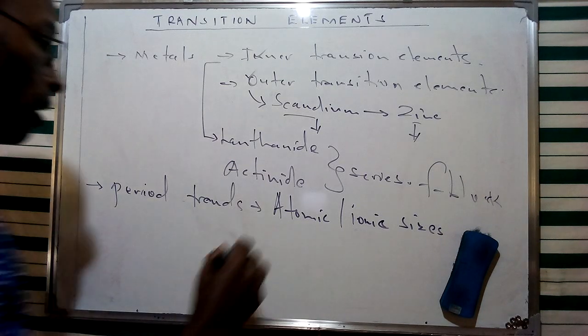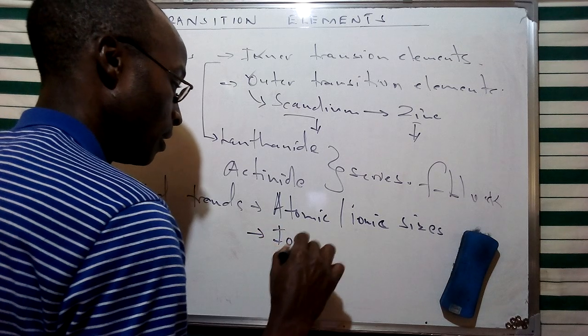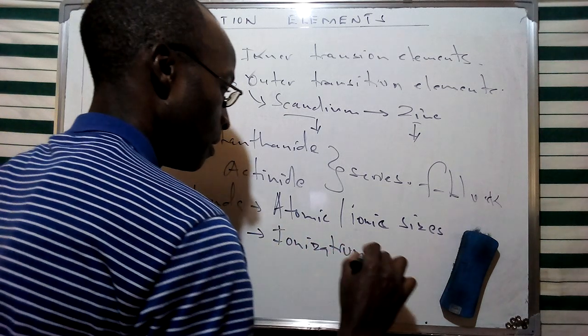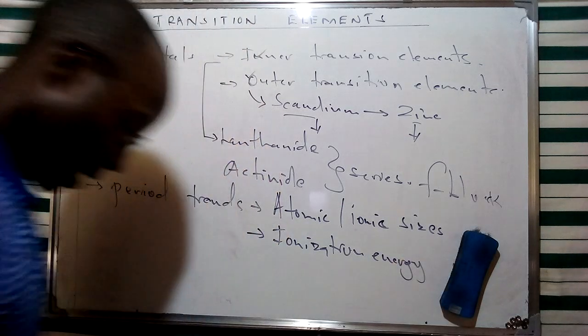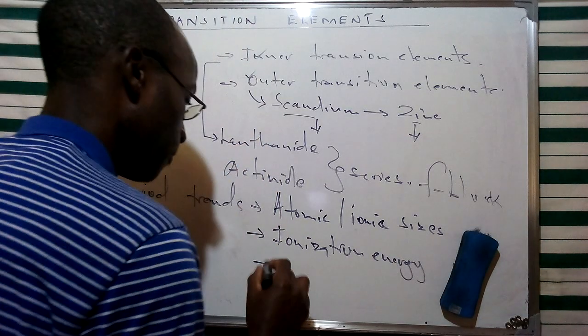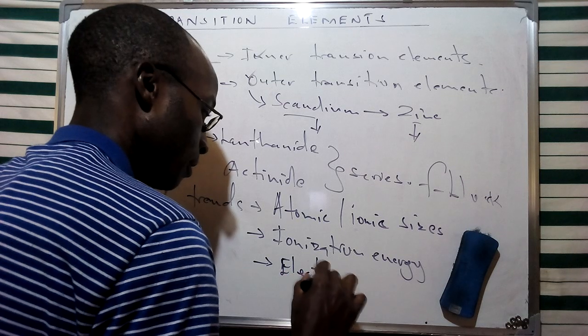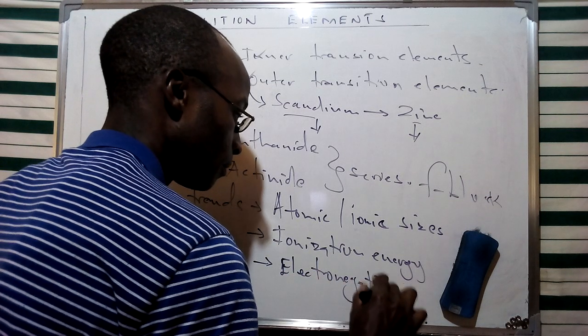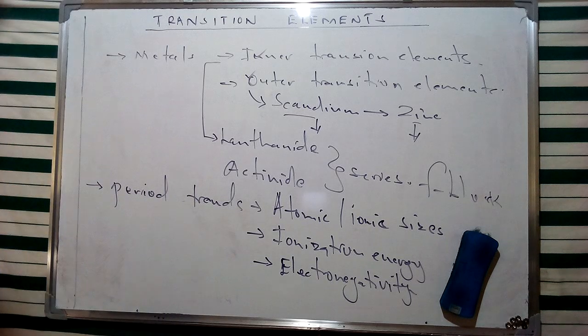And of course, we shall look at the concept of ionization energy and, apart from ionization energy, electronegativity. As we are going to see, we also mentioned the energy levels, which affect the various periodic trends listed on the board.